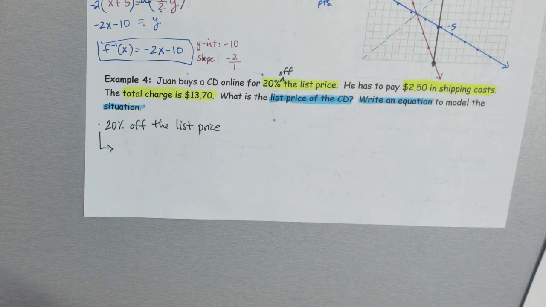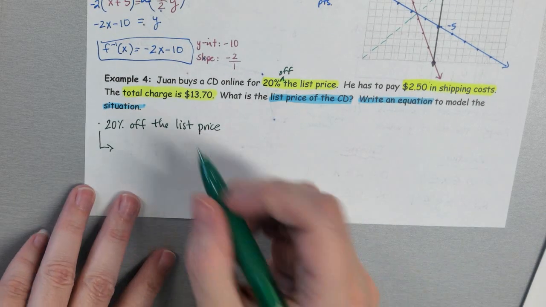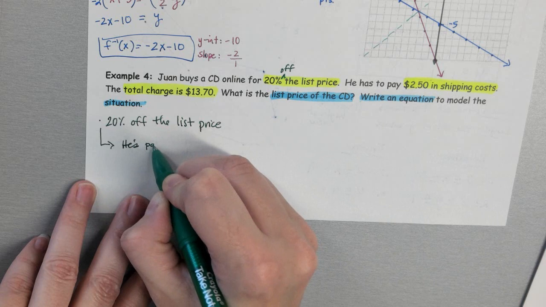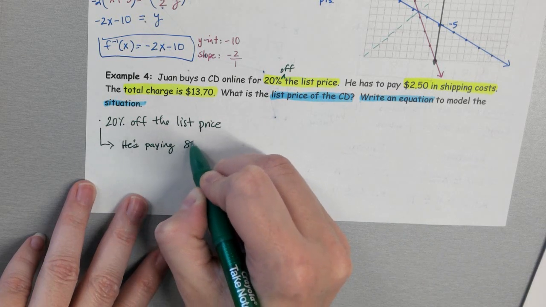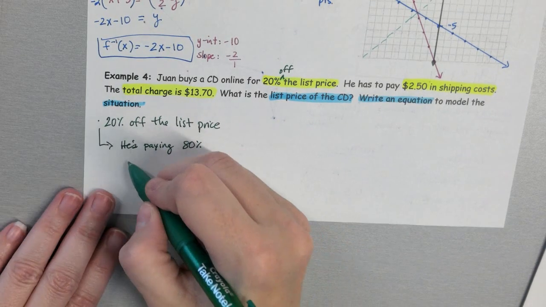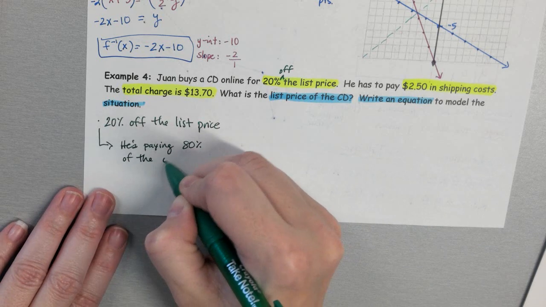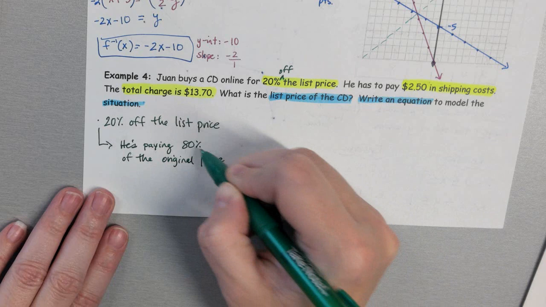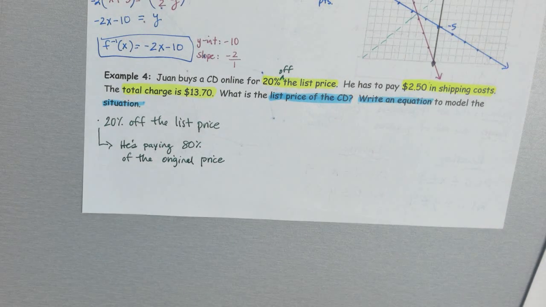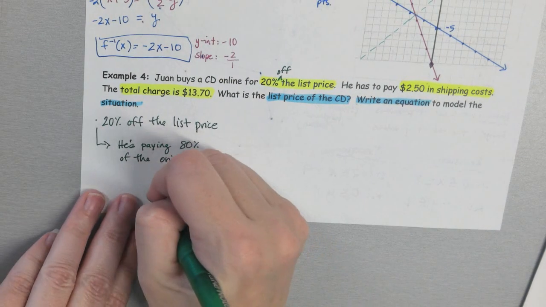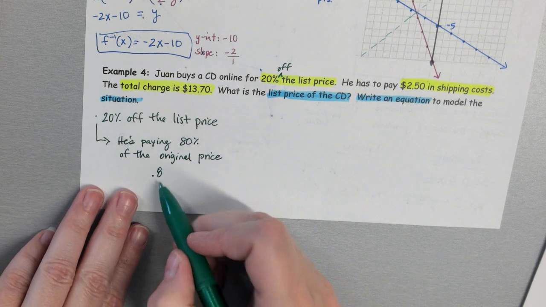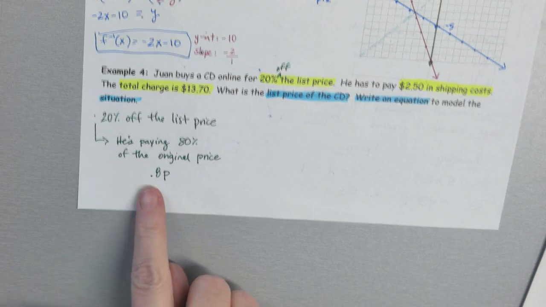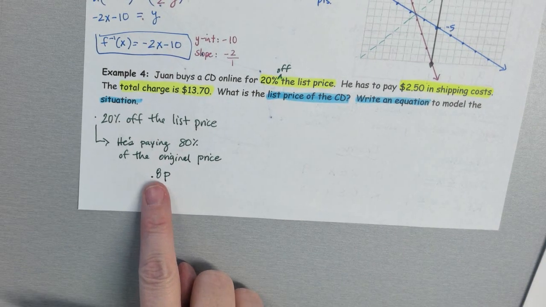So if it's 20% off, he's paying 80% of the original price. Do you guys know how we can represent that? So how do we represent 80%? Yeah, 0.8, and then we'd have to have some variable. We can call it P.